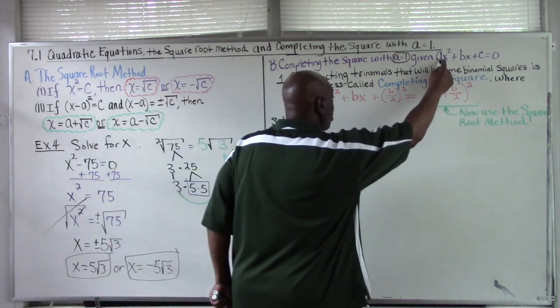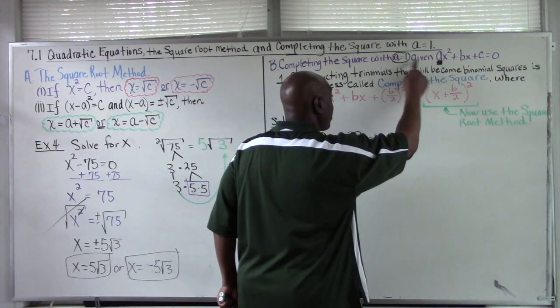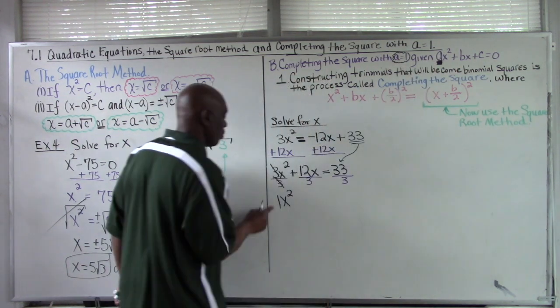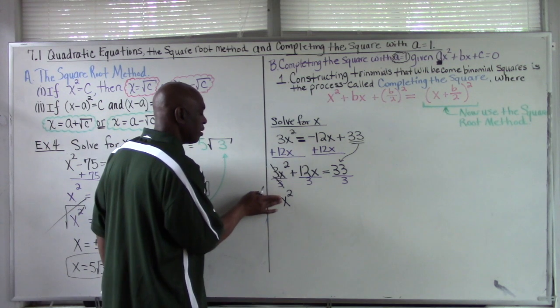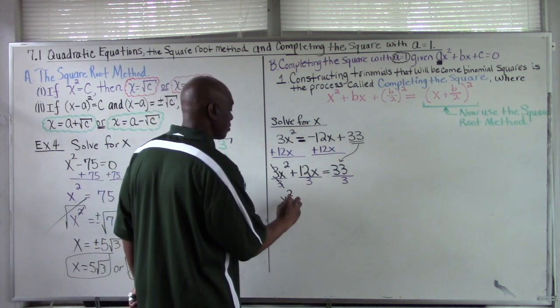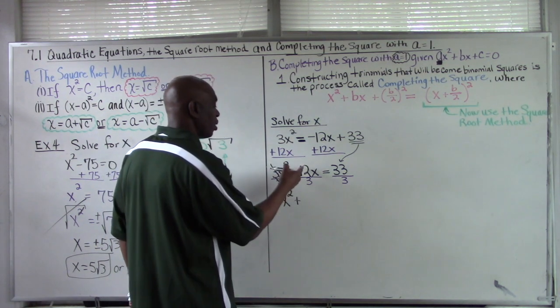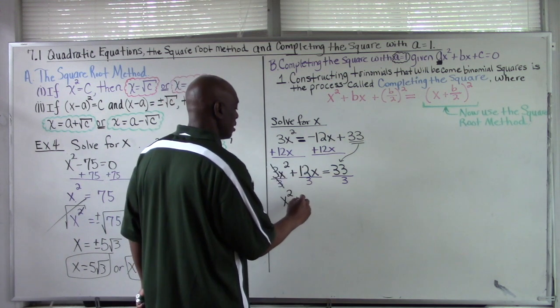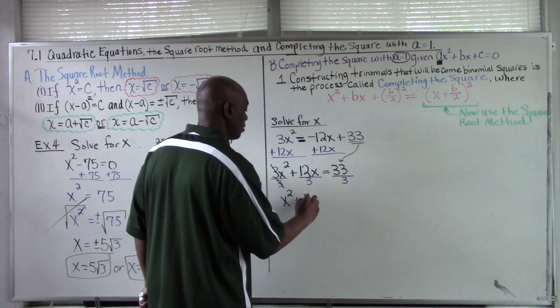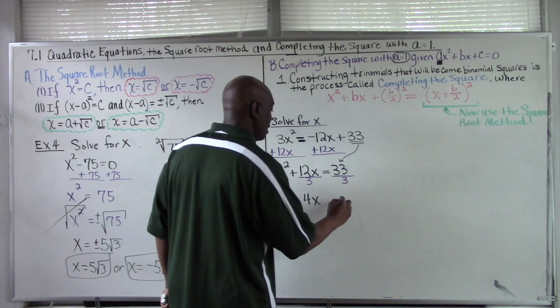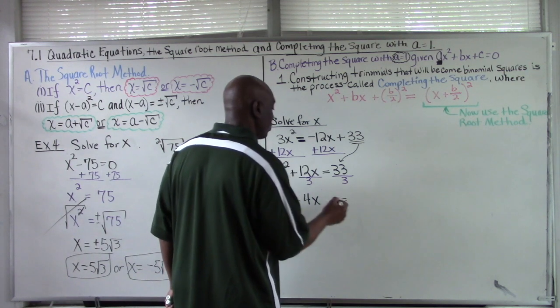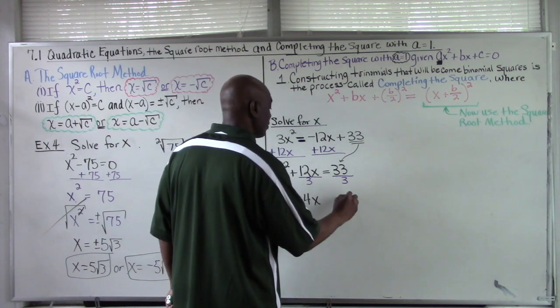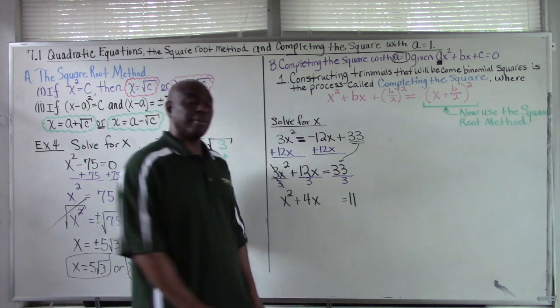All right. So my x squared term is a 1. The x squared term must be a 1. Okay, we have it now. So x squared plus 12 divided by 3 is 4. And what is this going to equal? 33 divided by 3 is 11. All right, very good.